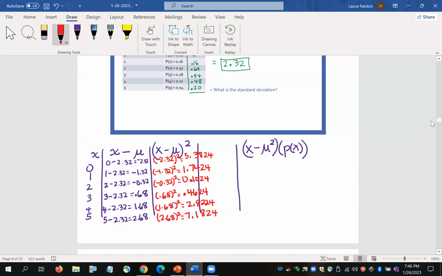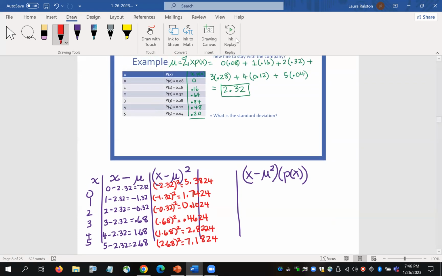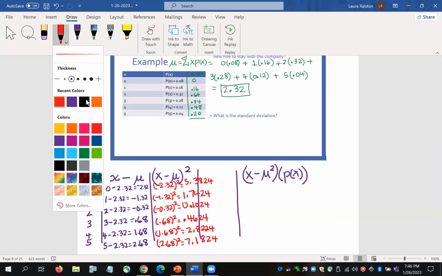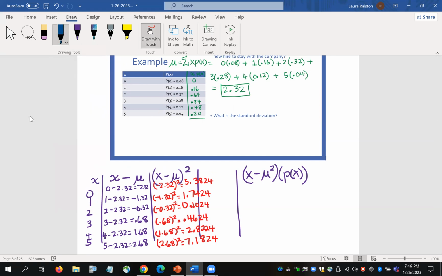And then I have to take each one of those numbers and multiply it times the corresponding probability.